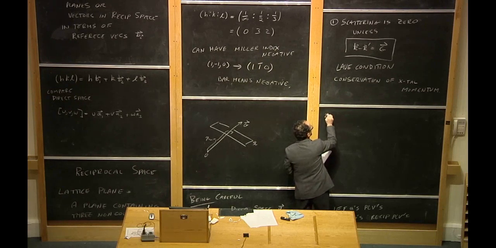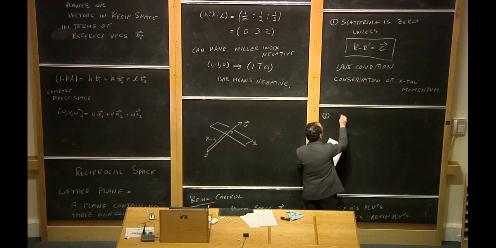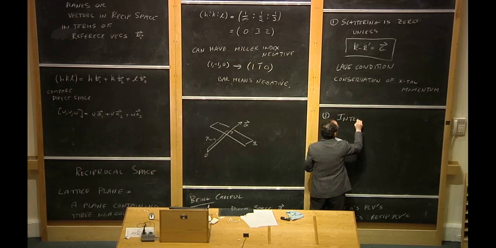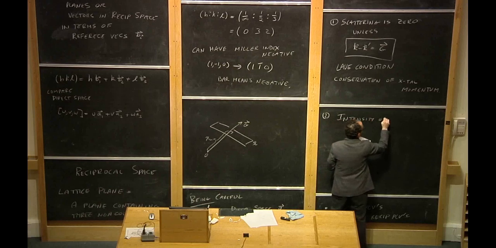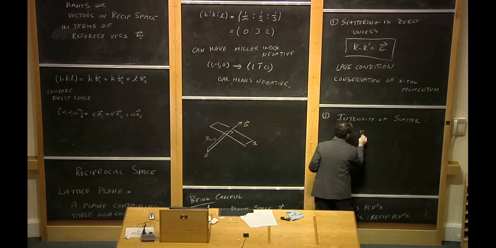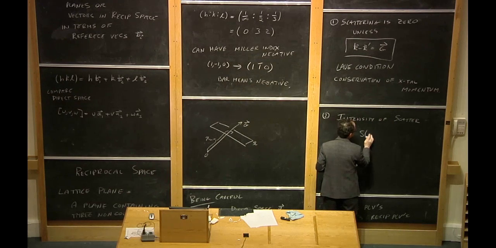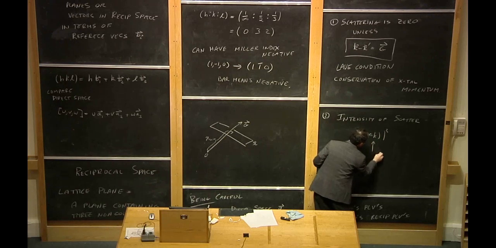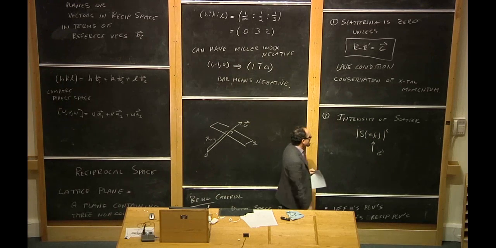The second important fact that we're going to use later is that the intensity of scatter is the structure factor S of delta k squared, where delta k is the reciprocal lattice vector G which you've scattered by.